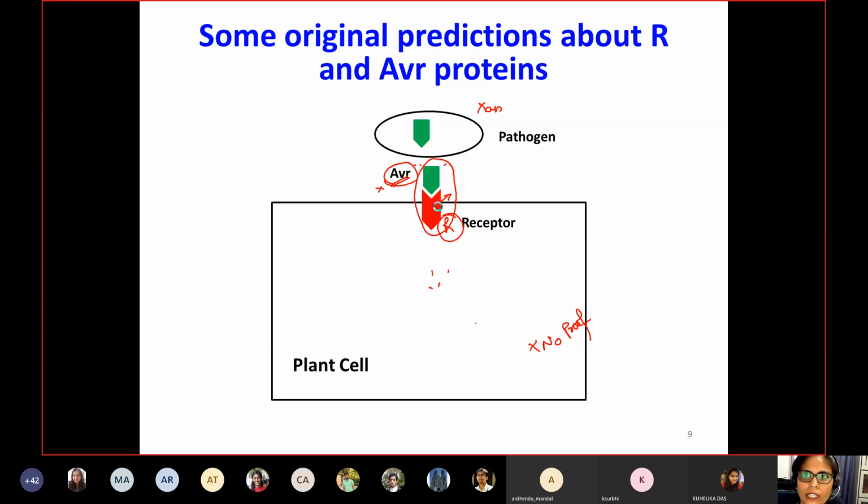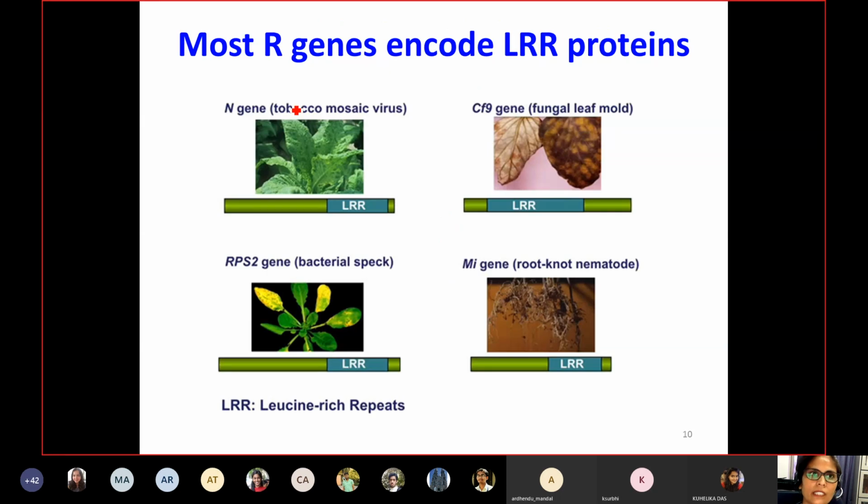Slowly they started getting R gene clones. For example, the N gene from tobacco against virus infection, the CF9 gene against fungal disease infection, the RPS2 gene against bacterial disease infection, and the MI gene against nematode infection.